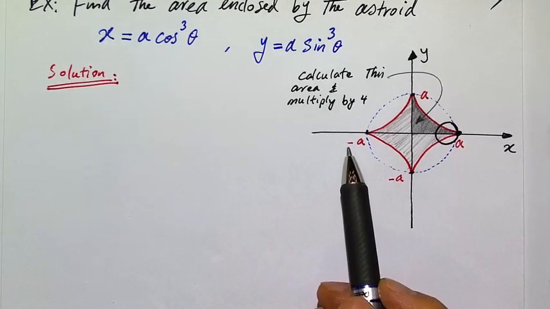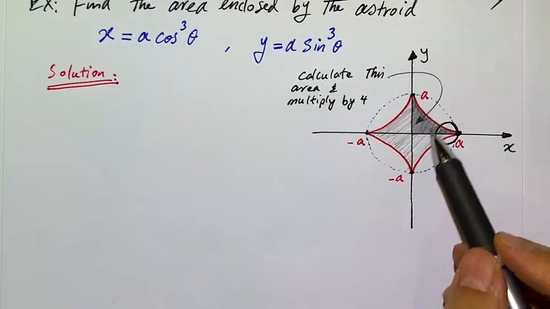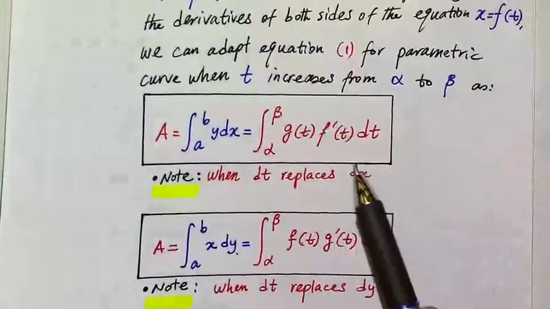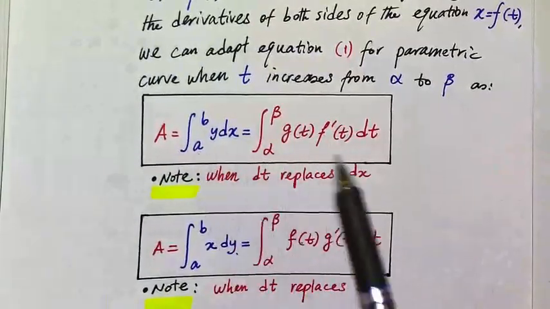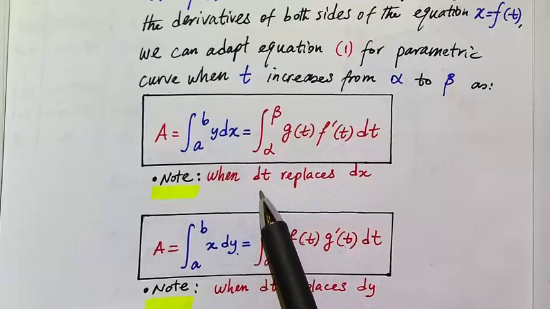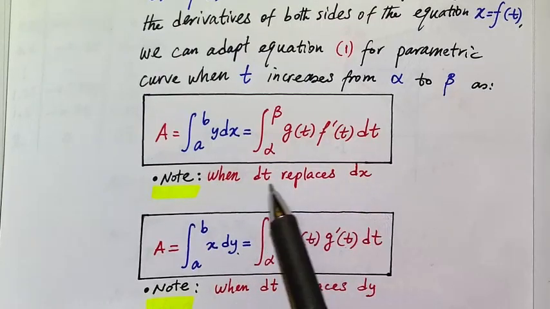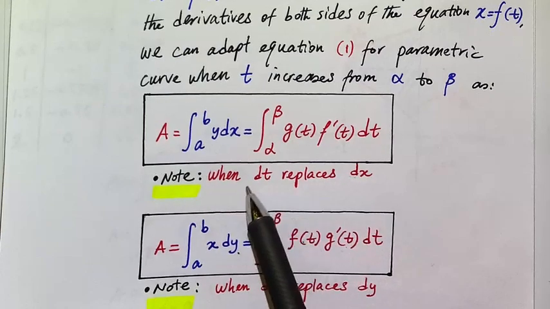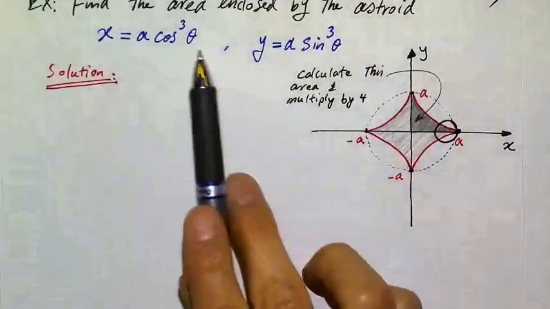It really makes no difference in which one of these variables you integrate with respect to, whether x or y, but x seems more natural, so we're going to go with this format. We're going to replace dx. We're going to integrate with respect to x, and then, of course, in this case, we have theta.